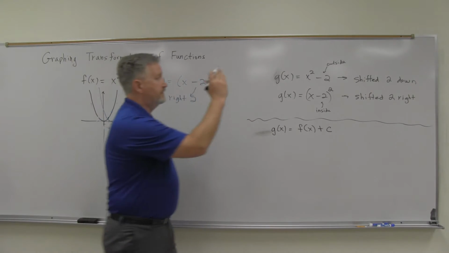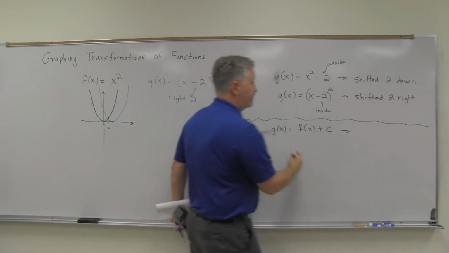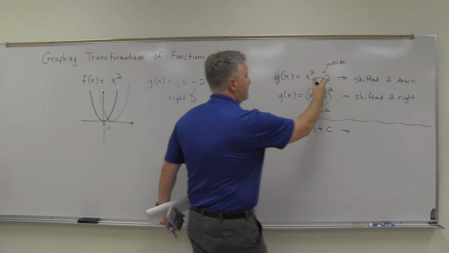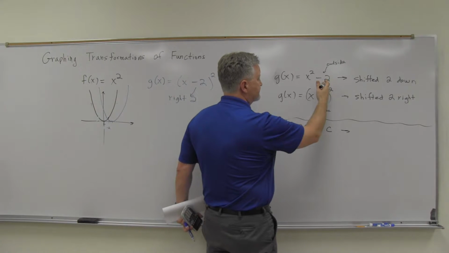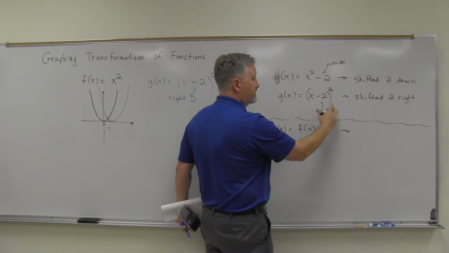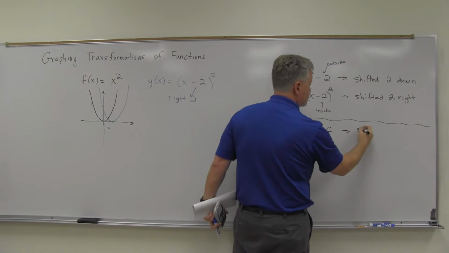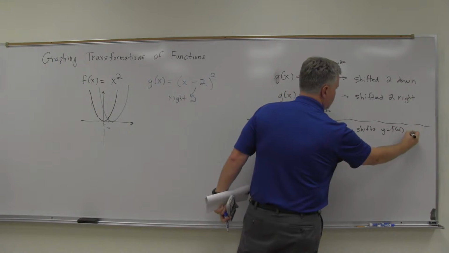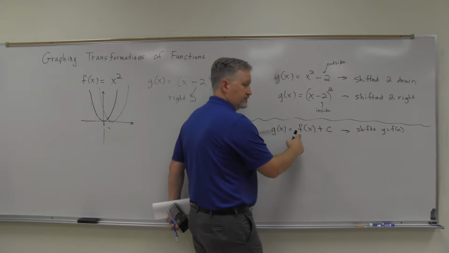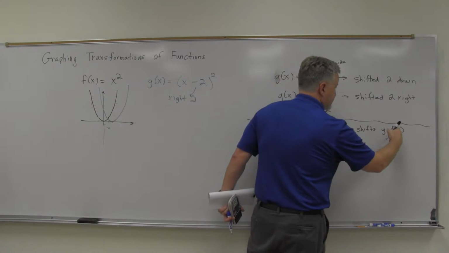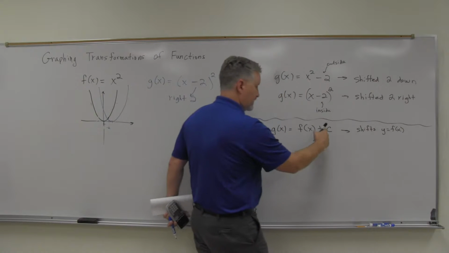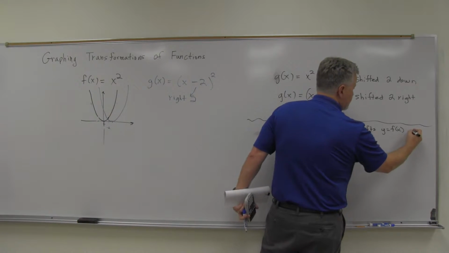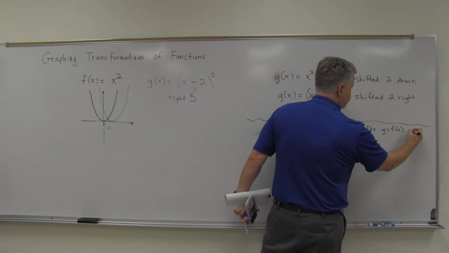Since it's on the outside, that's going to shift it up. So f of x is our original common function, and if we do g of x equals f of x plus c on the outside, that's going to shift the graph c units up.